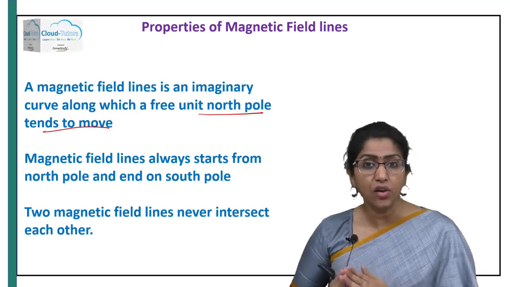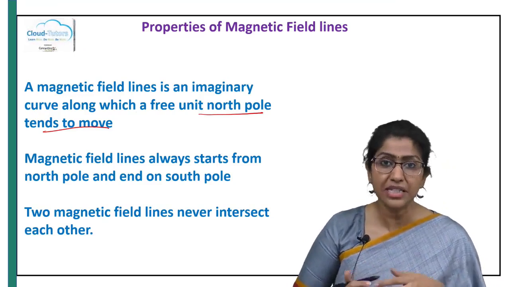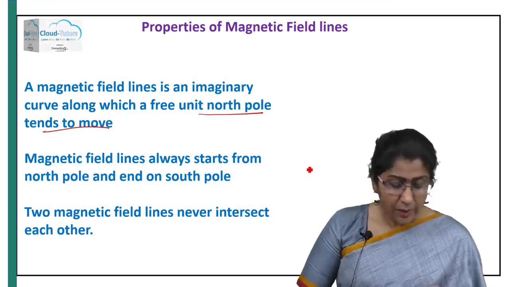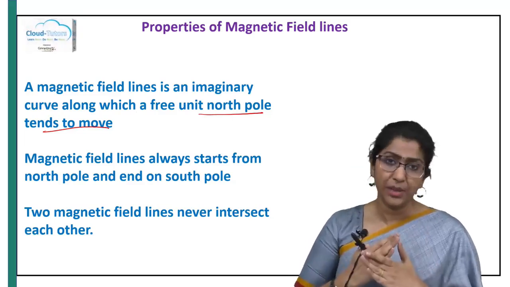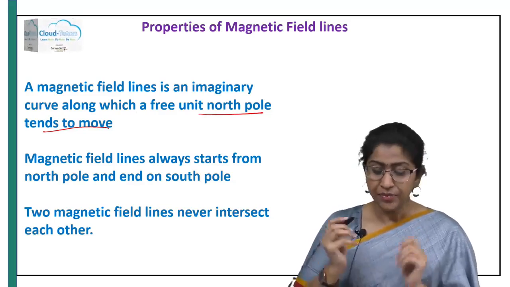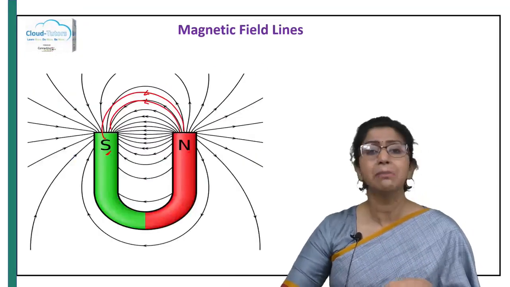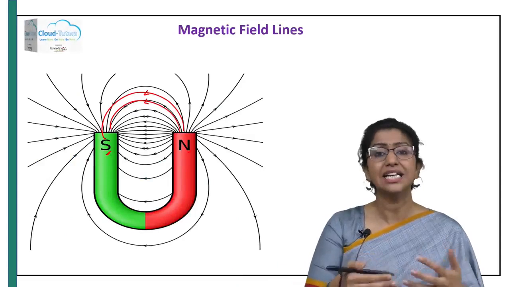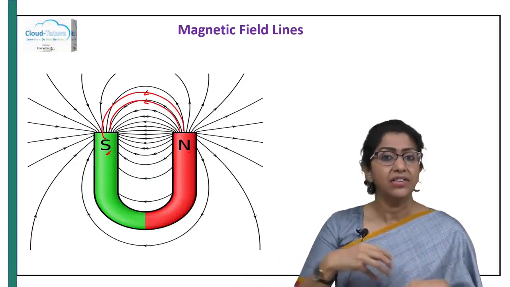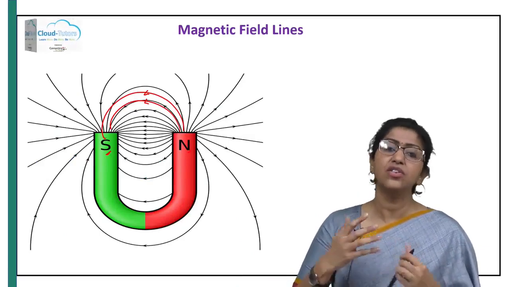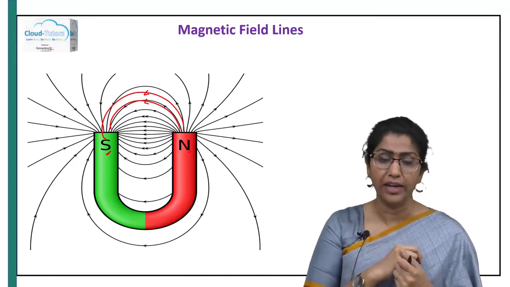They begin at the North Pole and go towards the South Pole, as we have seen in the previous diagrams. Next is that two magnetic field lines never intersect with each other. Now, why is that? Obviously, in any of the given magnets, we do not actually see these lines unless we sprinkle the iron filings, right? Even if we sprinkle the iron filings, we do not necessarily know from what pole to what pole it is going, correct?